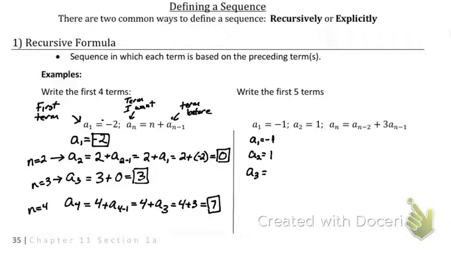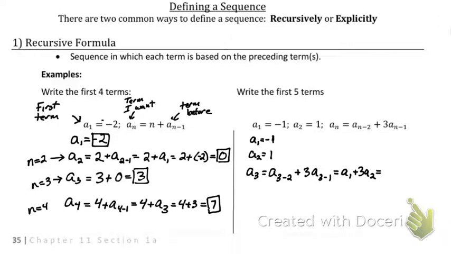So that would be a sub 3 equals a sub 3 minus 2 plus 3 times a sub 3 minus 1. I should have written that smaller. I'm going to run out of space on mine, I bet. Let's write small. So 3 minus 1 is a sub 1 plus 3 times a sub 2.